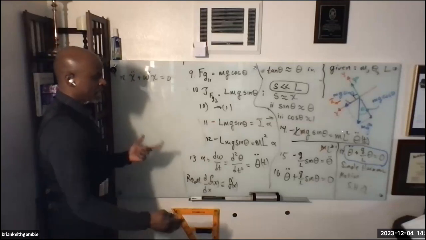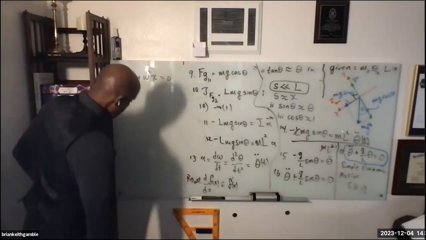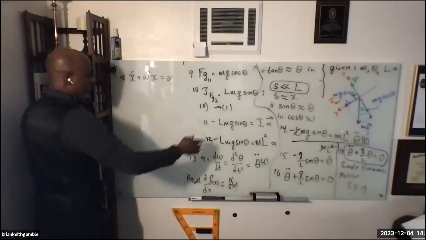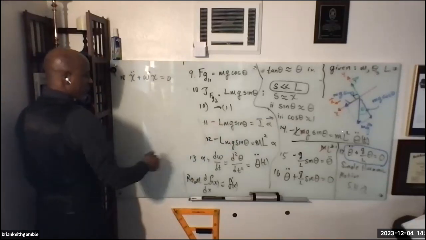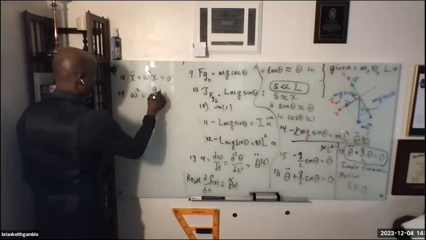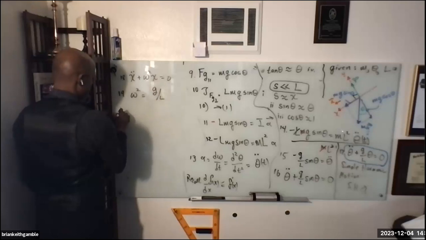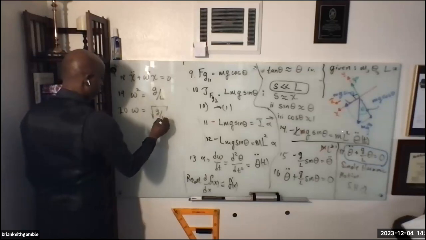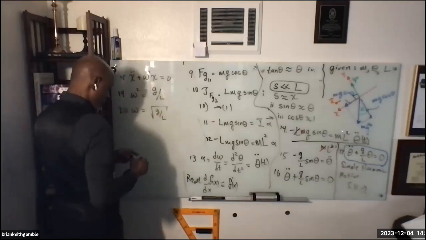That's how important it is. Once you have it in that form, you just extract the omega. So in this case, omega squared has got to be g over L. My angular frequency for this system, the square of the angular frequency, is g divided by L, so omega, the angular frequency, is equal to the square root of g over L. Okay, that's a result that you can box in.